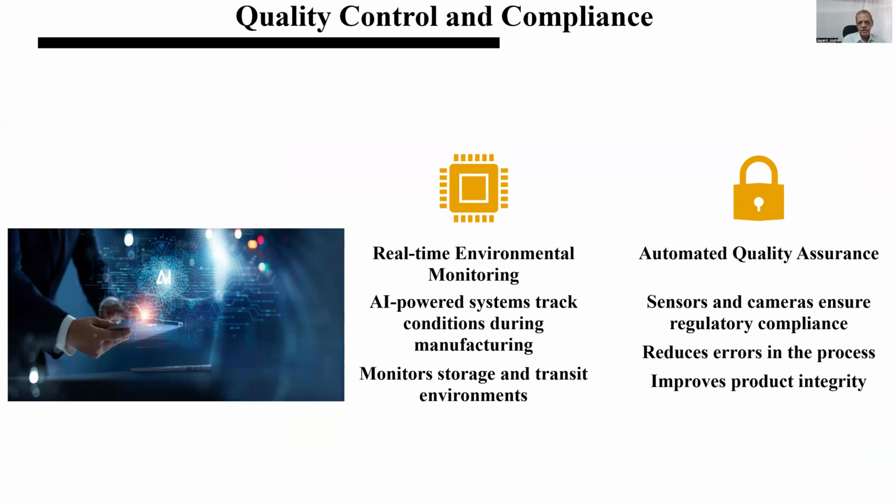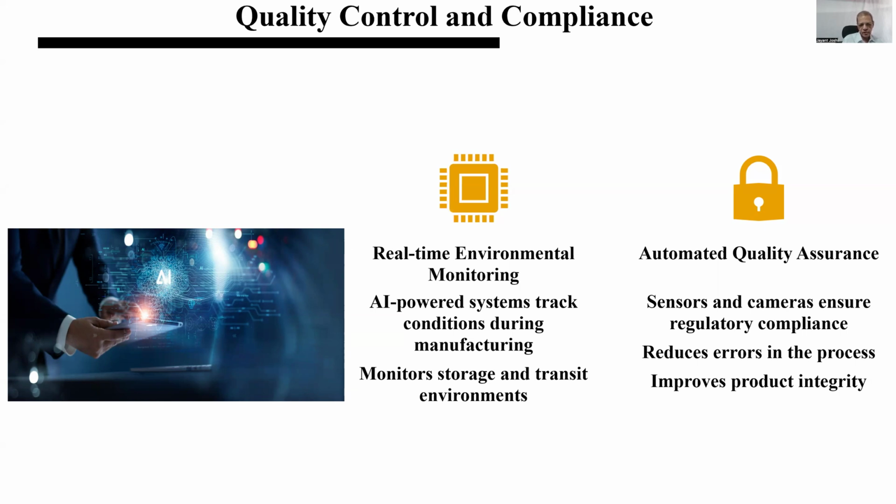Second, artificial intelligence will also help in your quality control and regulatory compliances. The two important factors which I consider here, first, is real-time environmental monitoring. Artificial intelligence powered systems can track the production and operation conditions during manufacturing. As we see, you have to monitor not only the machines but also the environmental conditions, that is, temperature, pressures, and all that.